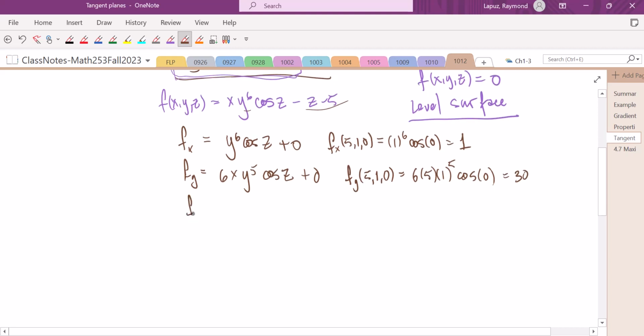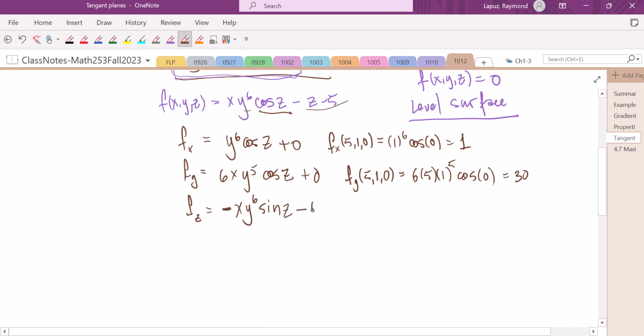And then fz, the derivative with respect to z. So the derivative of cosine of something is negative sine of that something. And so I will have a negative. Xy to the 6 will be constant. The derivative of cosine is sine, and that negative is already out here.